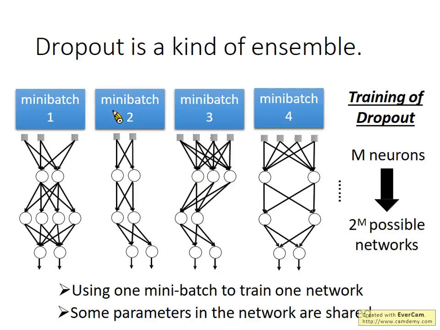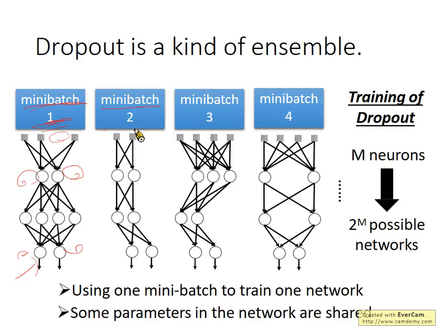When we apply dropout, at different mini batches we randomly discard part of the neurons. For the first mini batch, we may discard this neuron, and this neuron. We can think of the first mini batch as part of the training data, and we construct a first network to do the classification or recognition.